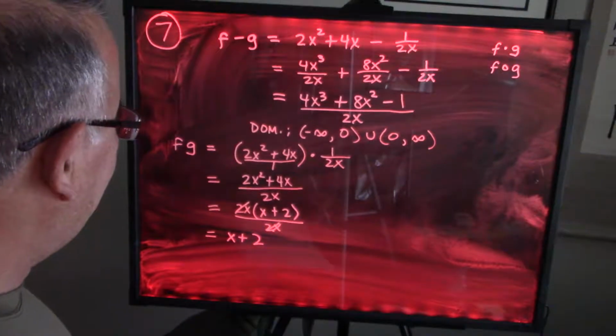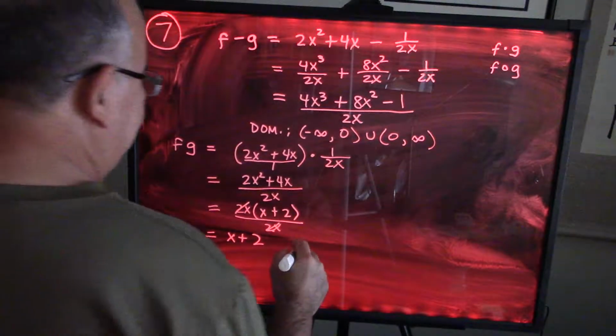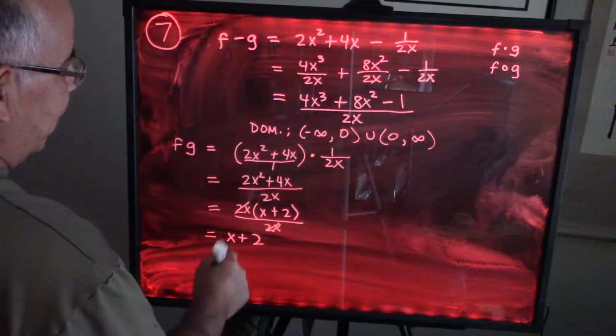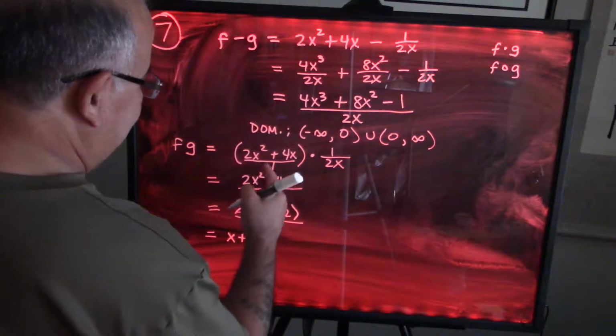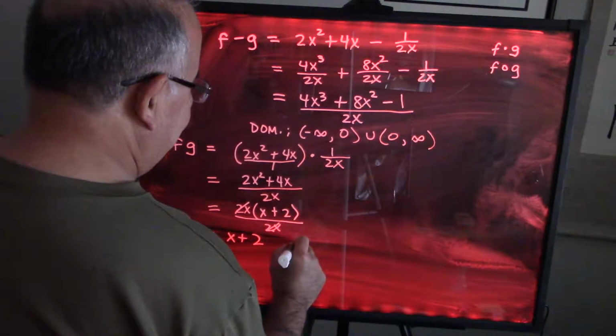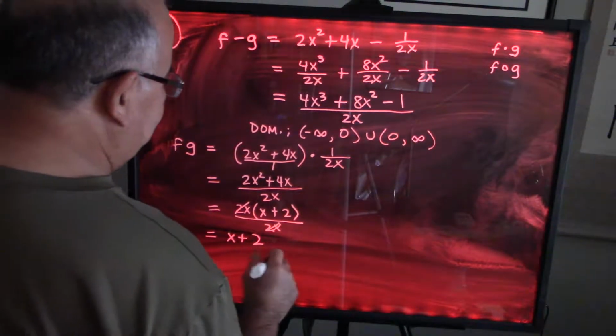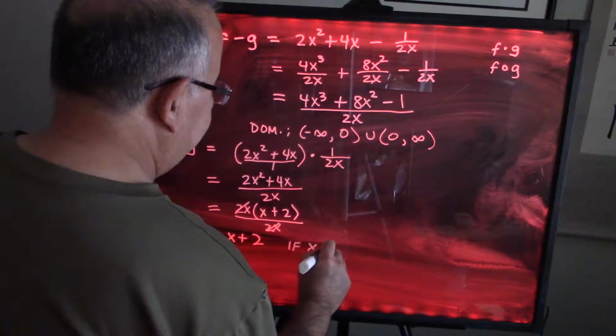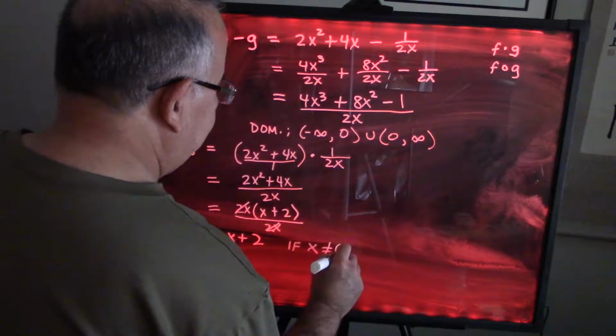So you can write this: this function equals x plus 2 if x does not equal 0.